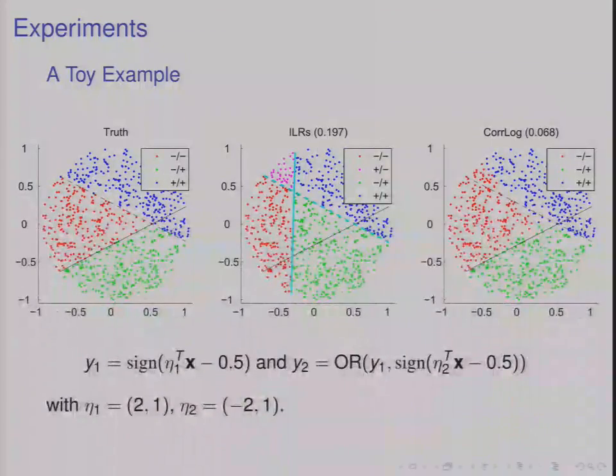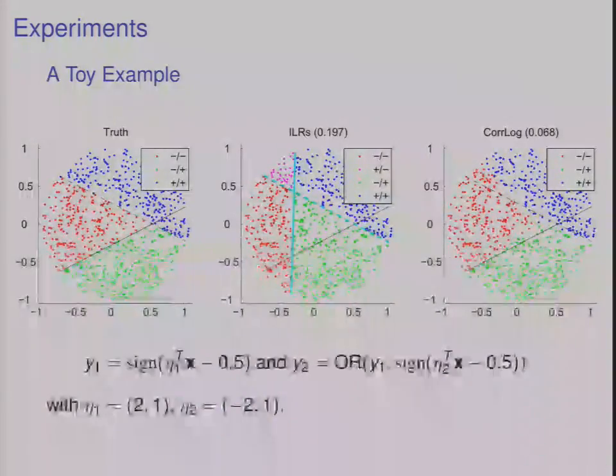Only the decision boundary for the first label is correctly predicted, but for the second label, the prediction boundary is totally wrong. Originally there are only 3 kinds of labels, but in the prediction result by independent logistic regression, there are 4 kinds of labels.